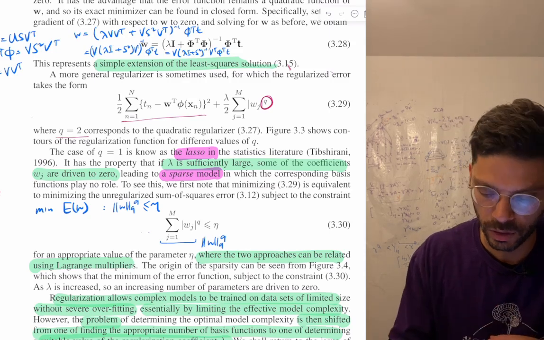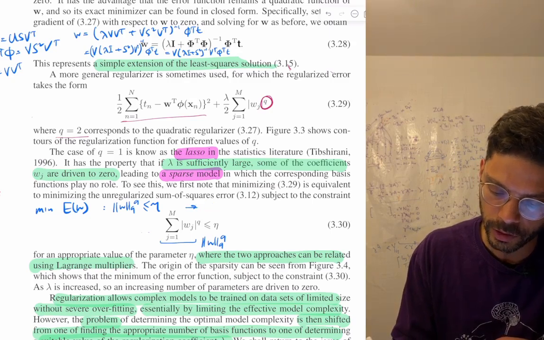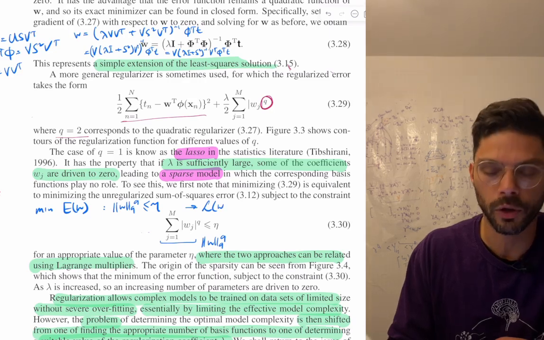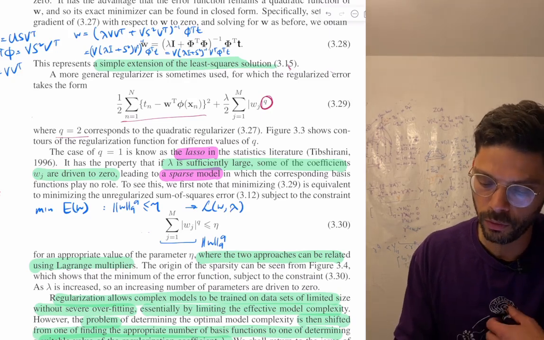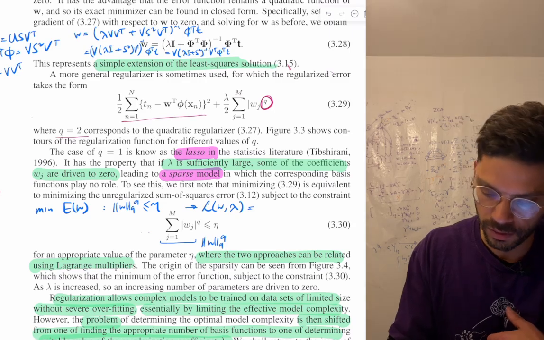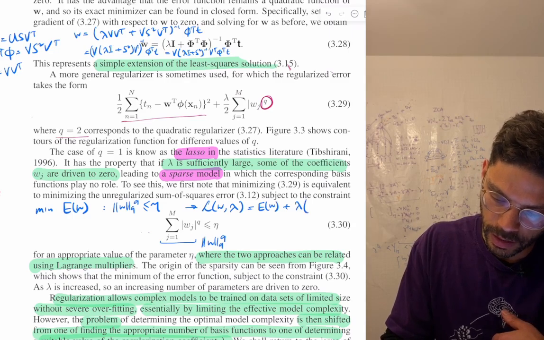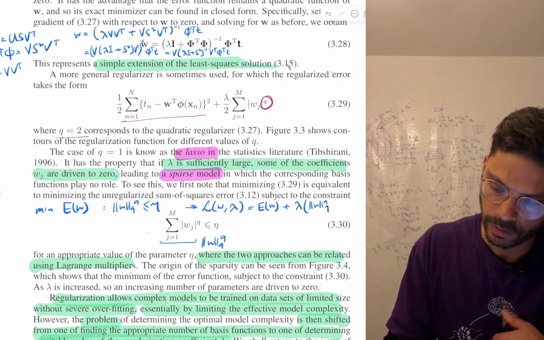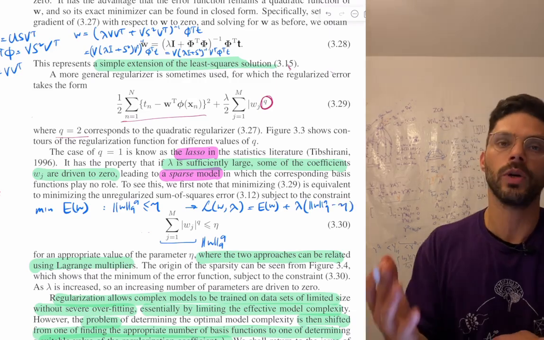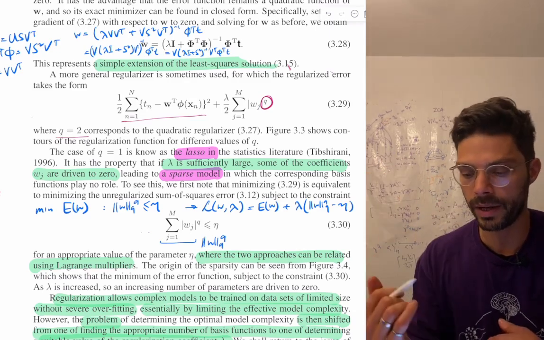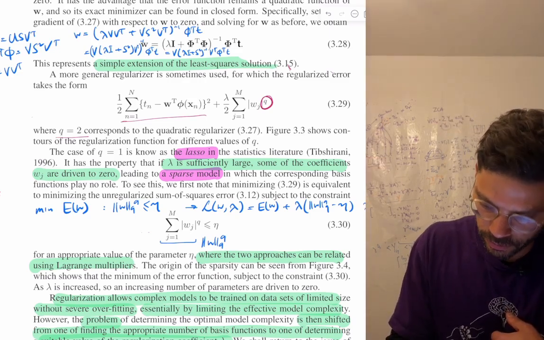Okay, so what's the first thing we do? We make a Lagrange multiplier for this constraint. Our Lagrangian is now a function of w and this parameter lambda, which is supposed to enforce the constraint. It's going to be E of W plus lambda times the constraint term minus eta. Now the idea is that lambda is going in the opposite direction: you're trying to minimize, and lambda is going to try to increase, and lambda has to be greater than or equal to 0.